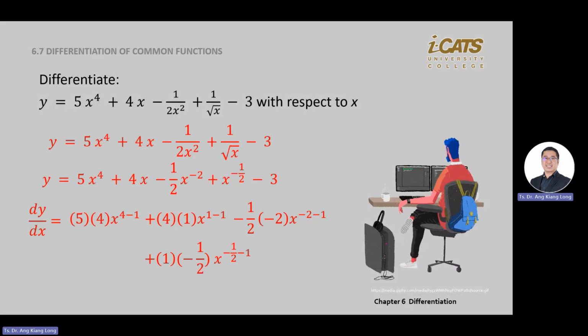Even if you know it's minus 1, when you write the answer later on, some of you will still write positive. Okay, the answer will be this one: 20x^3 plus 4 plus x power minus 3 plus half x minus 3 divided by 2. You can stop the answer here.